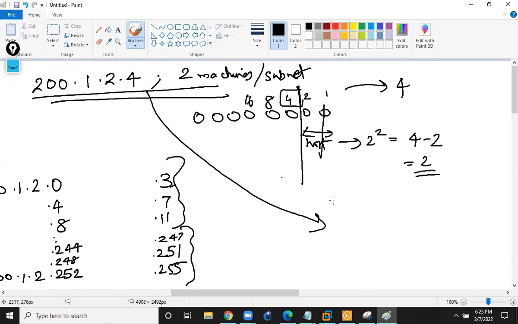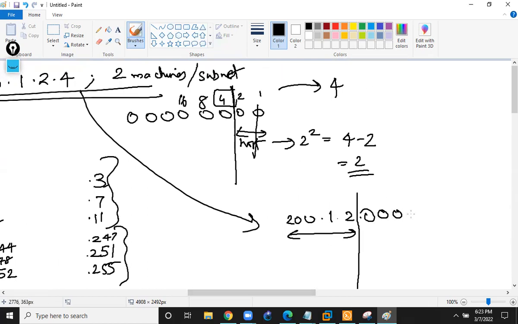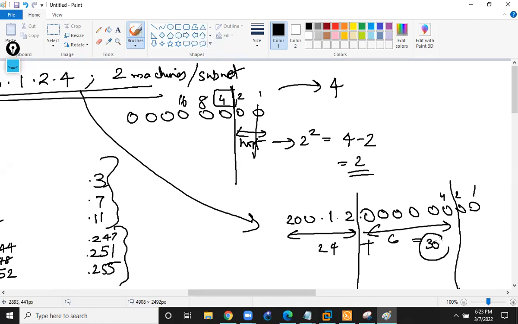Previously, when you write the network address here, 200.1.2.0 is the network address. Class C has the first 3 octets as network, and the last octet is the host: 1, 2, 3, 4, 5, 6, 7, 8. Now you have drawn the line between 4 and 2, so you have added 6 more bits. 24 was there and 6 more bits you have added, so a total of 30 bits for network.